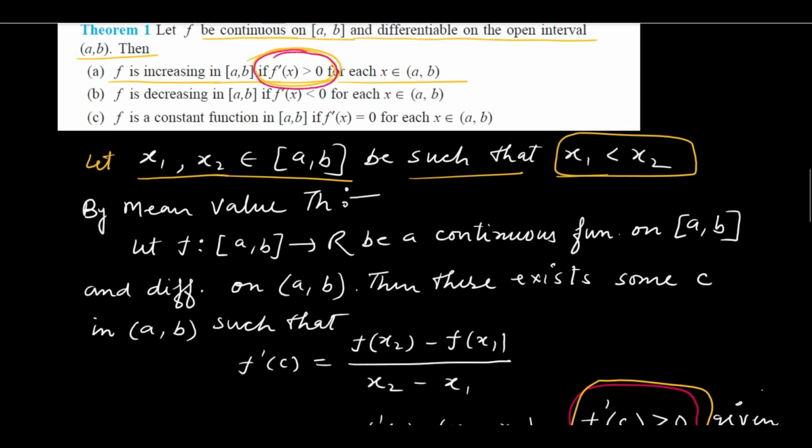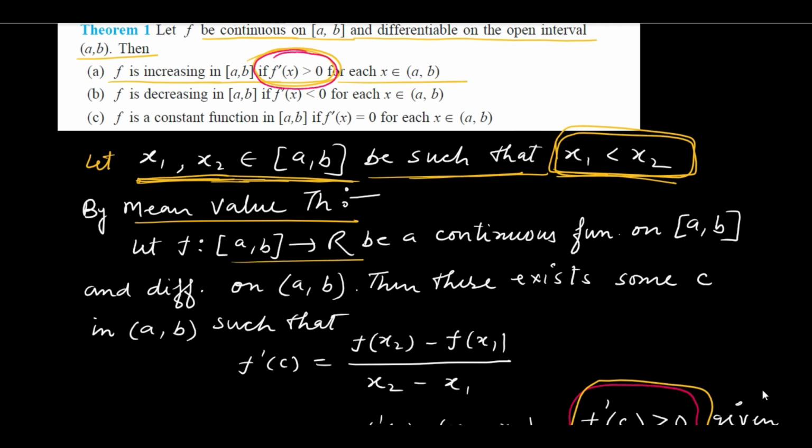Here you can see it again: x1 and x2, we consider 2 points which belong to closed interval [a,b] such that x1 is less than x2. By mean value theorem, f: [a,b] to R means the function is continuous in closed interval and differentiable on open interval.